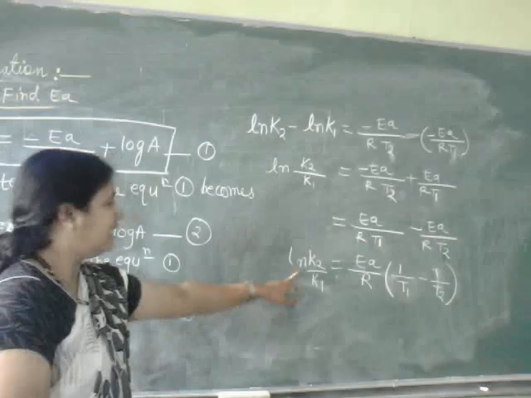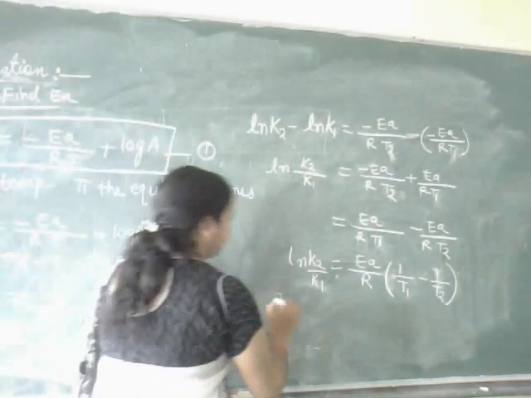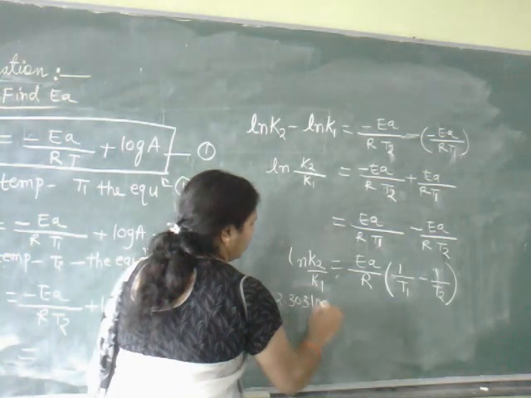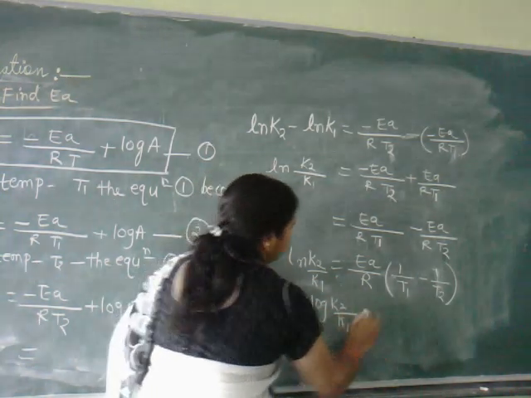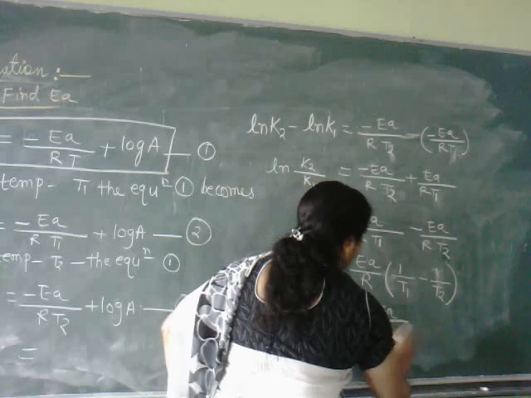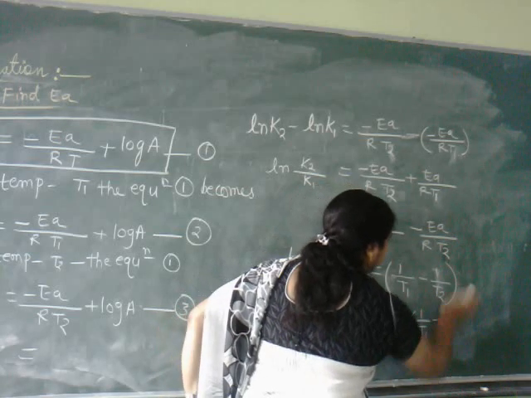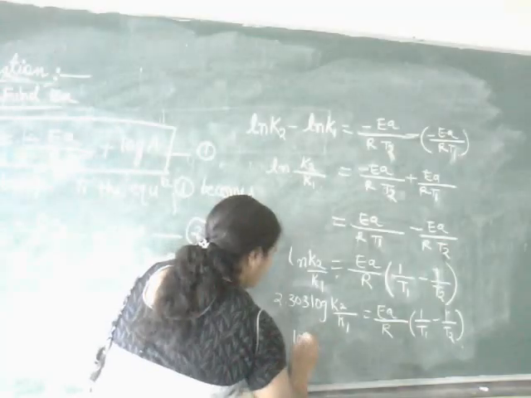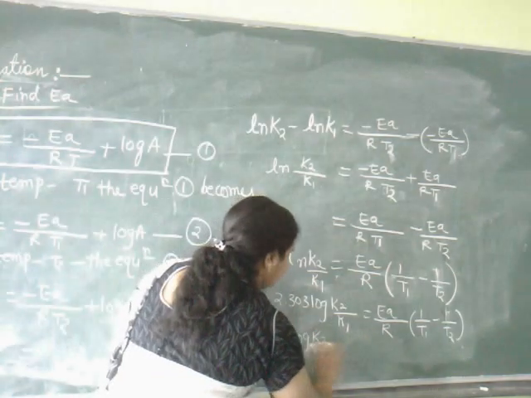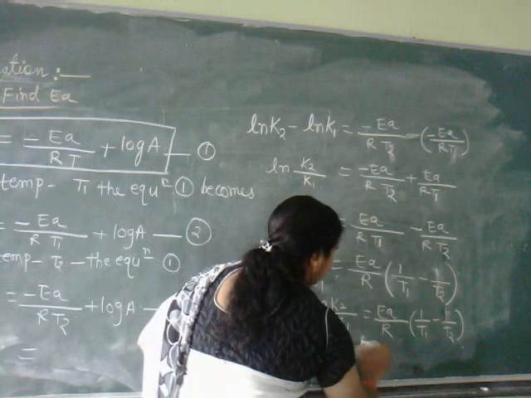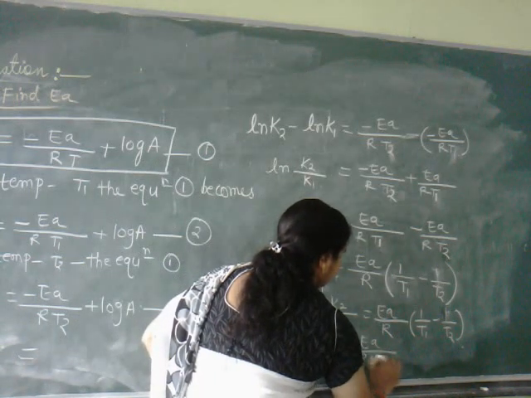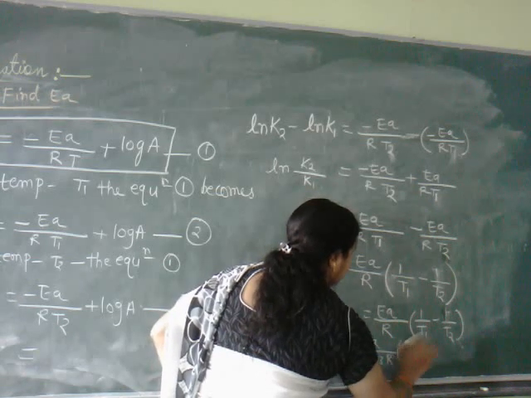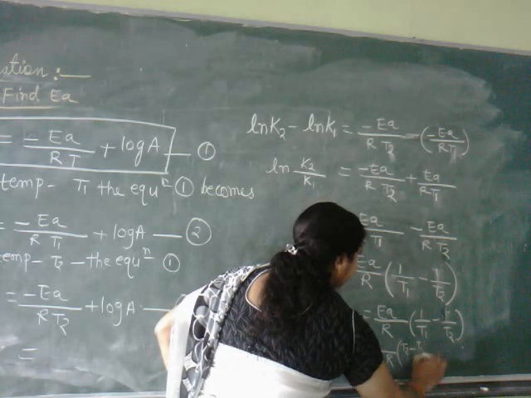Now convert this ln into log base 10, so we get 2.303 log K2 by K1 is equal to Ea divided by R times 1 upon T1 minus 1 upon T2. Take this 2.303 down here. So log K2 by K1 is equal to Ea divided by 2.303 R times T2 minus T1 divided by T1 T2. This is the final equation.